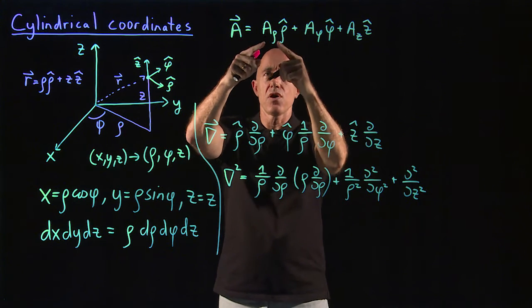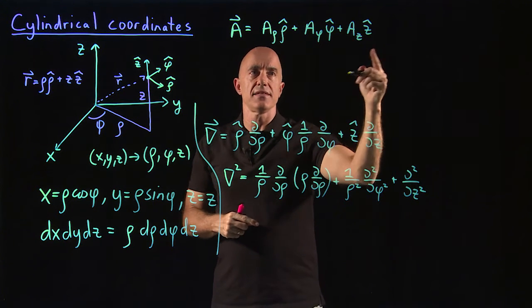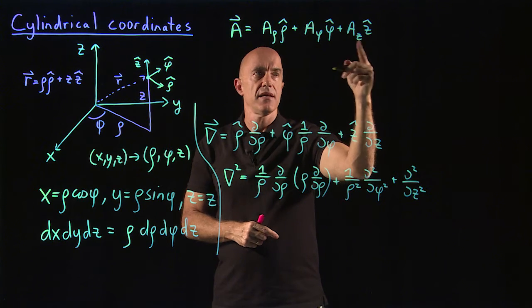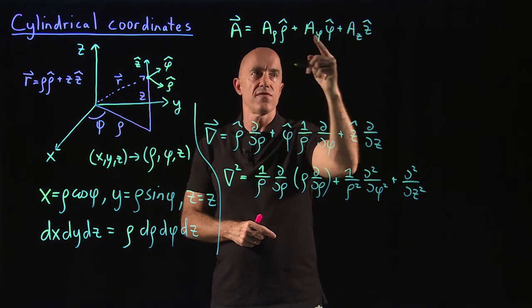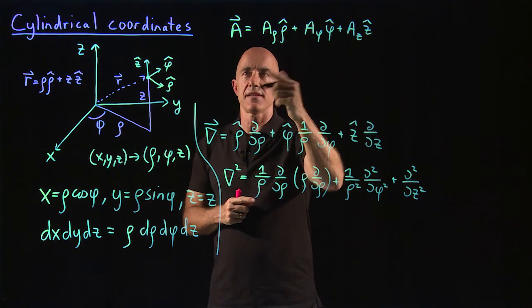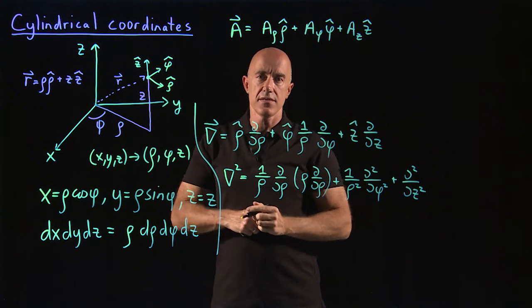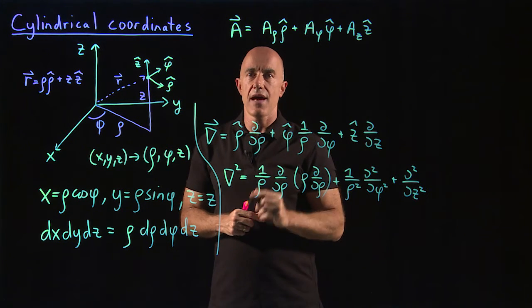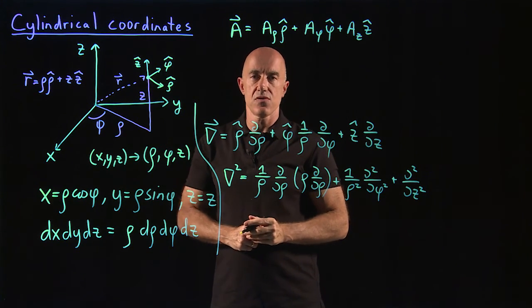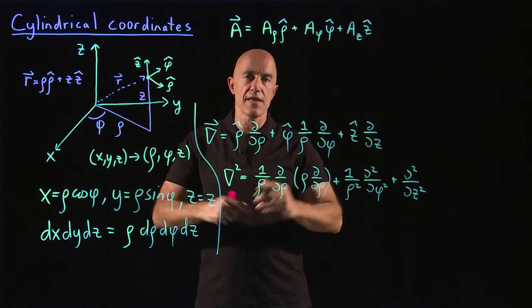A rho is a function of rho, phi, and z. A phi is a function of rho, phi, and z. And A z is a function of rho, phi, and z. So now I want to talk about what is the divergence of A in cylindrical coordinates and what is the curl of A in cylindrical coordinates. So let's have a look at that.